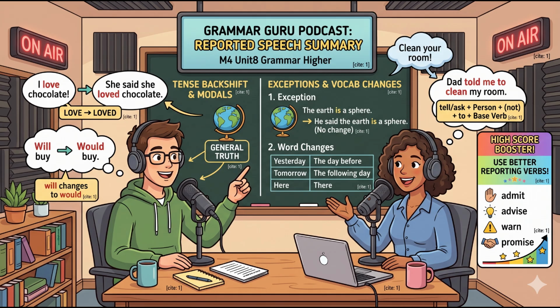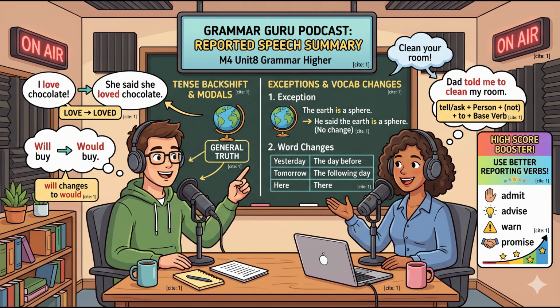The textbook relies on the infinitive form, the "to" plus the base verb. So "clean your room" becomes, "Dad told me to clean my room." Okay, so tell or ask plus the object plus "to" and the base verb. Right. And the same logic applies to offers, like using "offer to do something," or suggestions using "suggest that." The pronouns still change, but you're capturing the nature of the interaction itself.